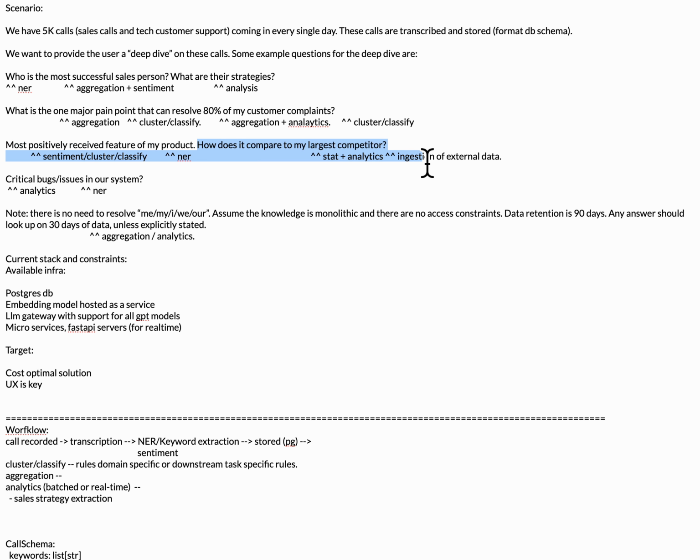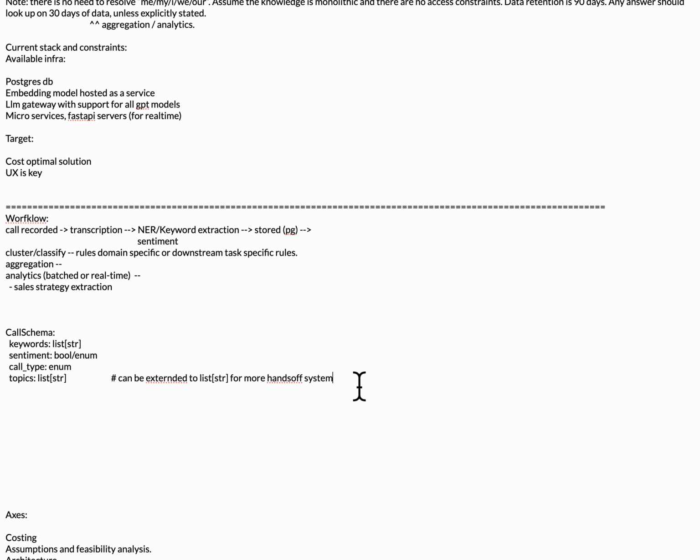How do we compare to my largest competitor? So there is a way to ingest external data, and this external data will come at an organization level. So let us write org metadata, which will be a dict, name.